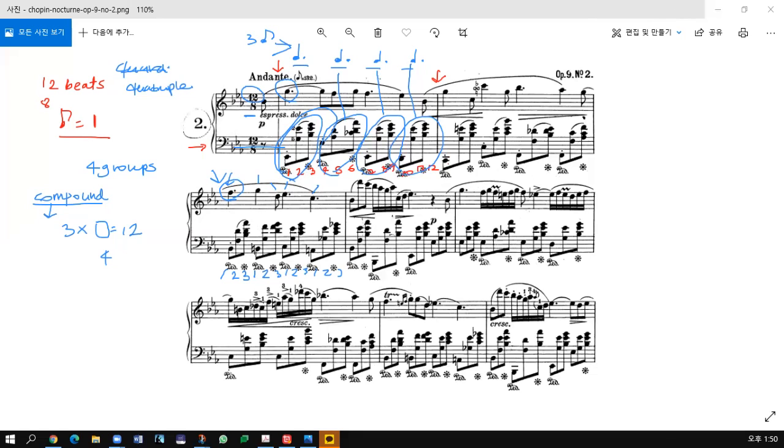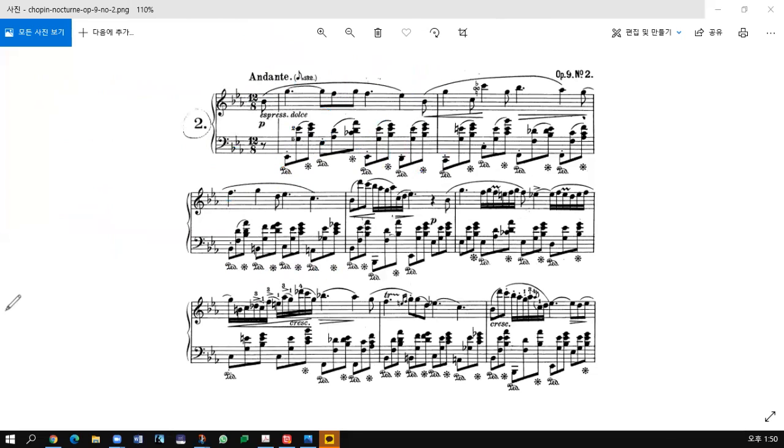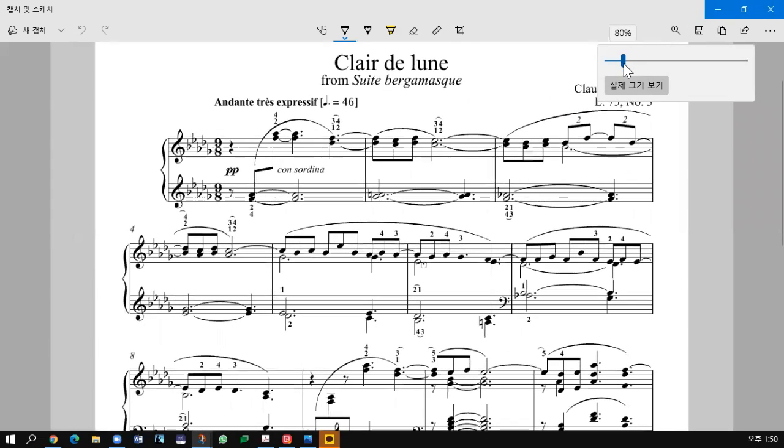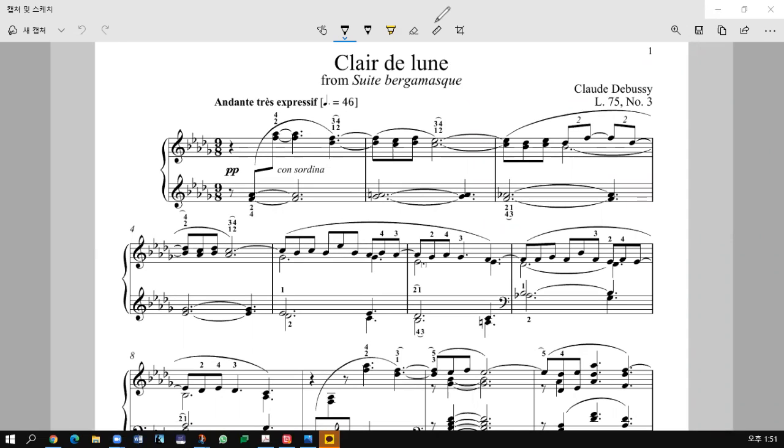All right, so let's look at another example. Okay, so this one, let's look at this one. I'm not going to play right now, but don't be freaked out. You just look at the time signature here. This is 9/8, right?